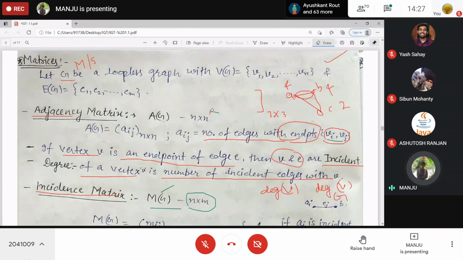It will be 3 cross 5 because of the number of vertices and edges. Here you can write A, B, C, the vertices.